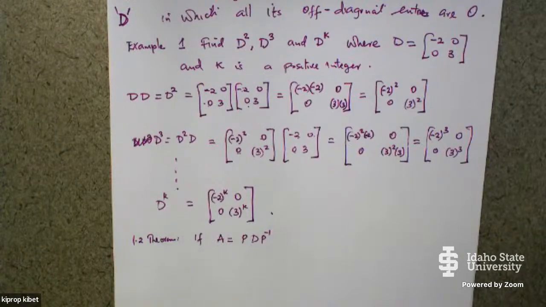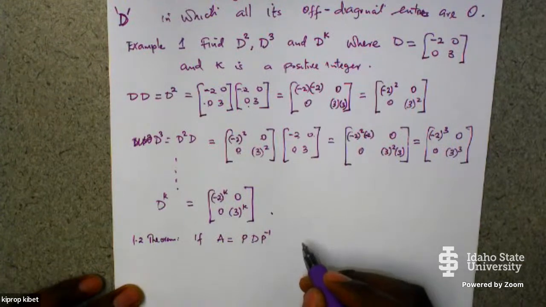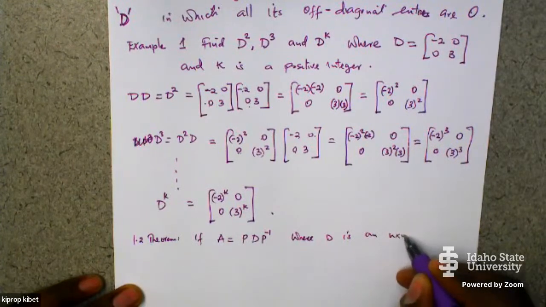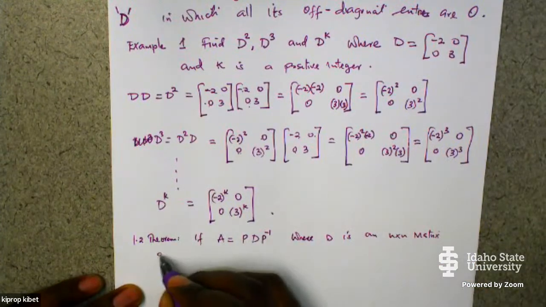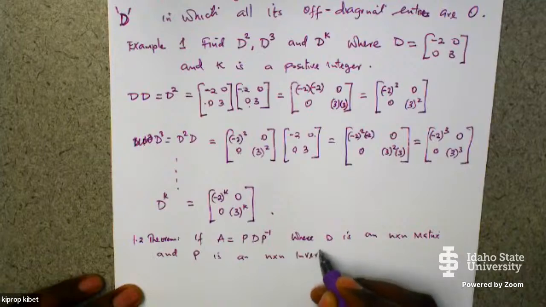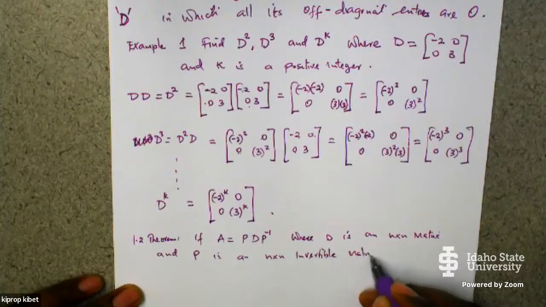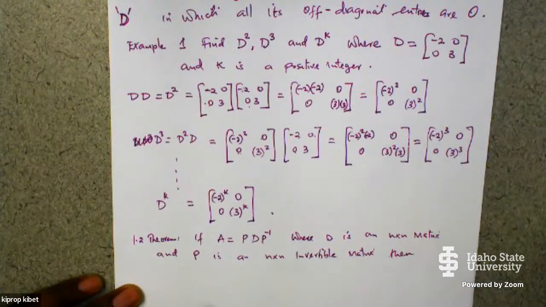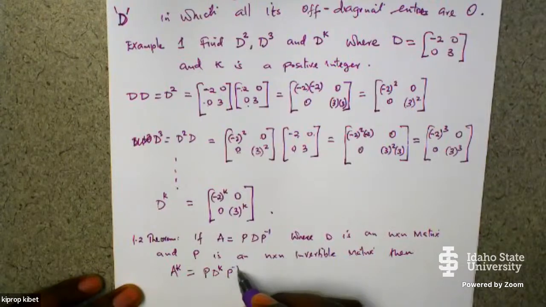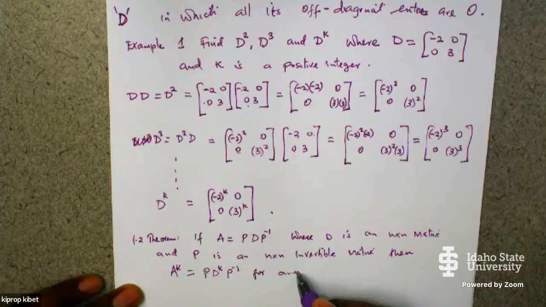So if A is equal to PDP inverse, where D is an n by n matrix and P is an n by n invertible matrix, then A^k equals P D^k P inverse for any positive integer k.